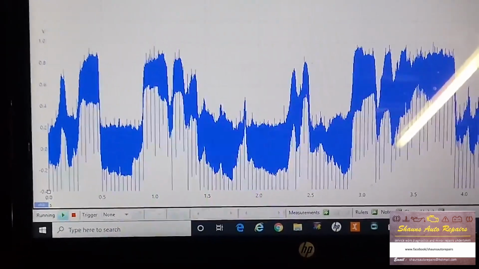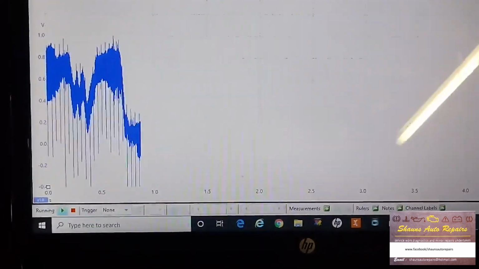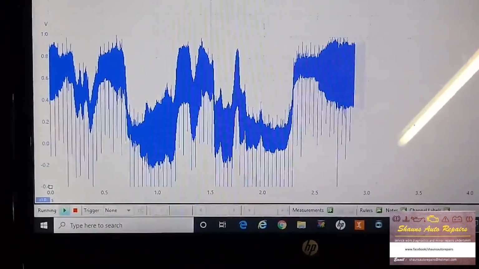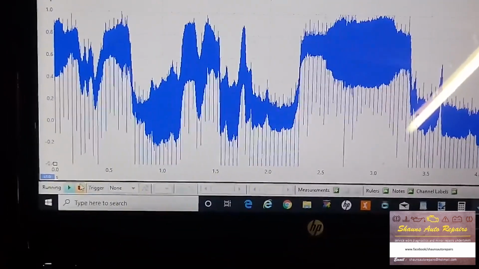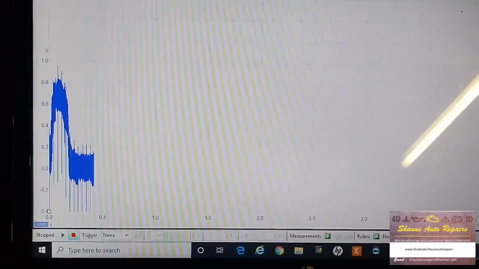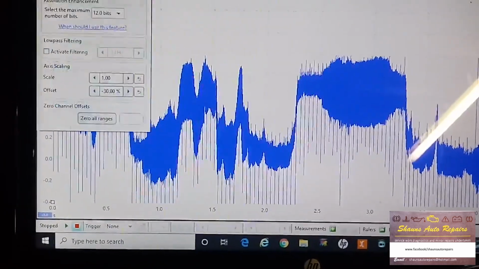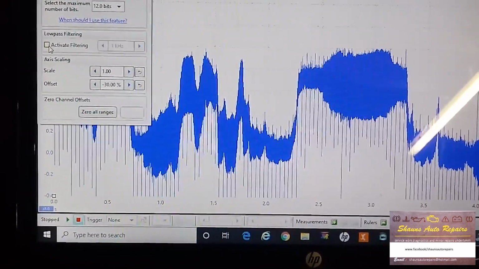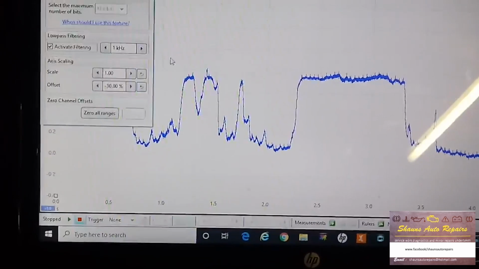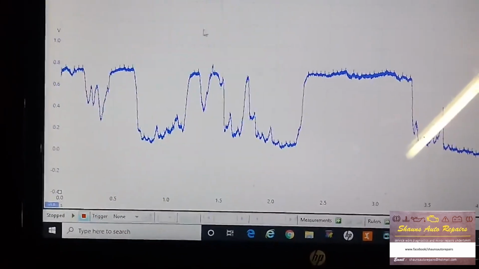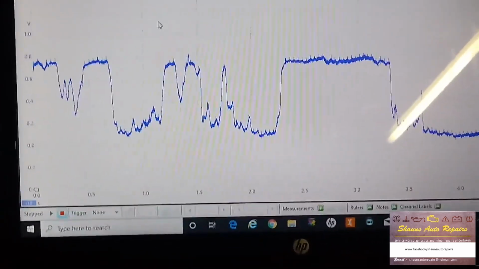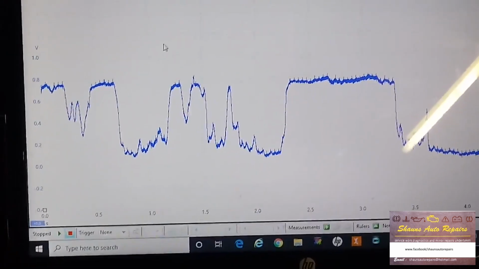There we go. So if we stop that, we go back a page, we can put some filtering on that. That's your waveform from your O2 sensor.